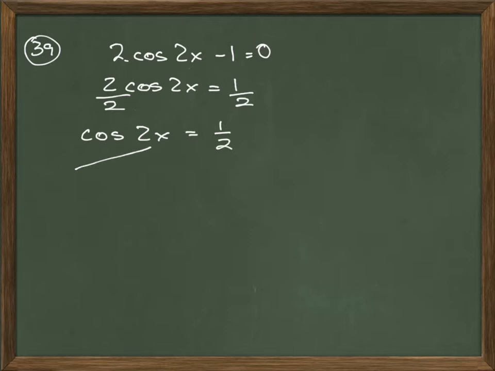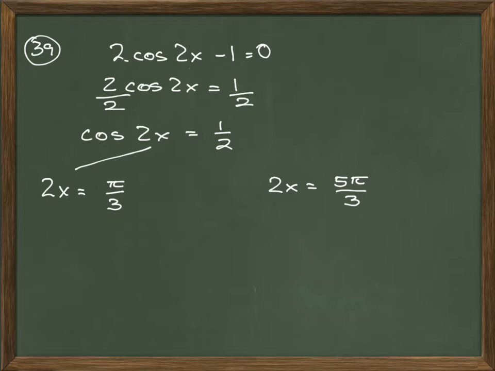We bring down the 2x. For which angle is the cosine positive 1/2? We just did it. Pi over 3. And 2x equals what? 5 pi over 3 in quadrant 4.